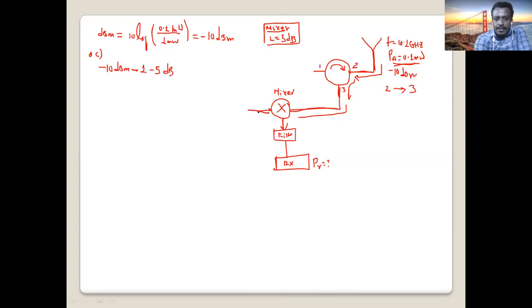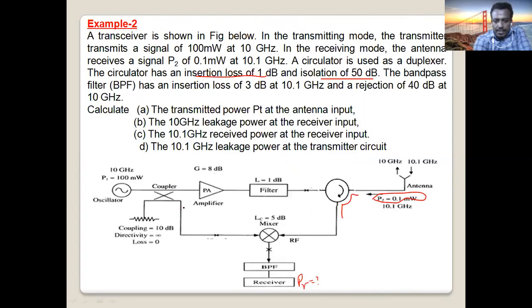And when you see here, the coupler brings this 10 gigahertz frequency from the transmitter side to the mixer. How much frequency comes here? 10 gigahertz. How much comes from the antenna side? 10.1 gigahertz. So this is a down converter mixer.